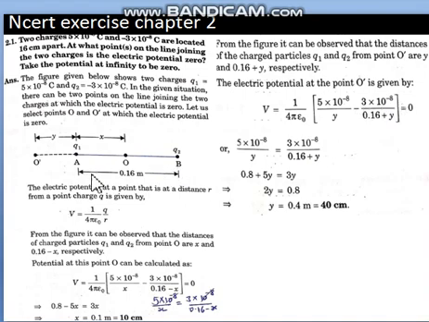And the second distance is 0.16 plus Y, substituted here. Now this net voltage we have to equate to 0 according to the question. Now we have to solve for Y. So shift it to that side with an equal sign, cancel the similar terms, cross multiply and get the answer. So the Y answer is obtained now as 40 centimeter. So from this charge at 40 centimeter, the net voltage on the line joining will be 0.